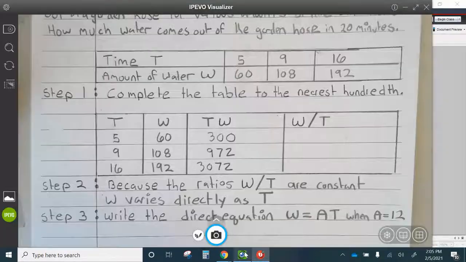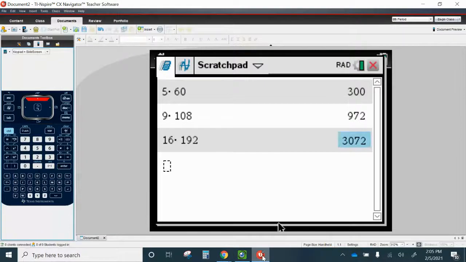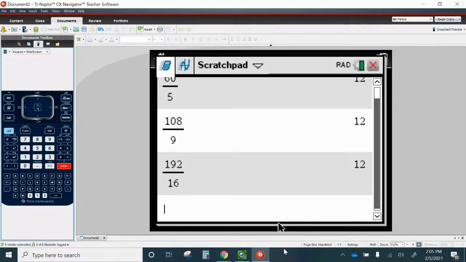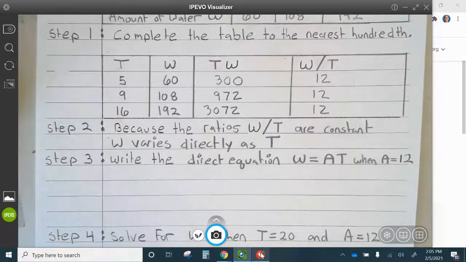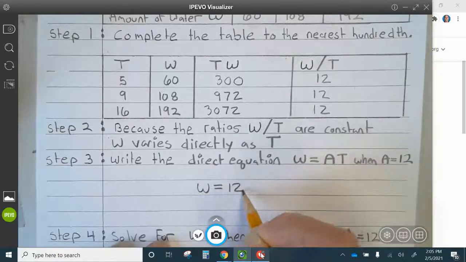Okay. Now let's do W divided by T. Okay, so 60 divided by 5 is 12. 108 divided by 9 is 12. And 192 divided by 16 is 12. Okay? So because the ratios W divided by T are constant, W varies directly as T. Write the direct equation W equals AT. So W equals 12T.